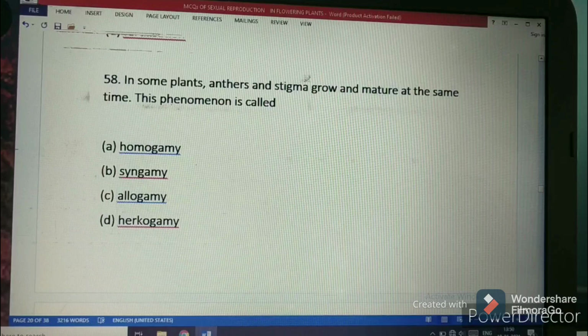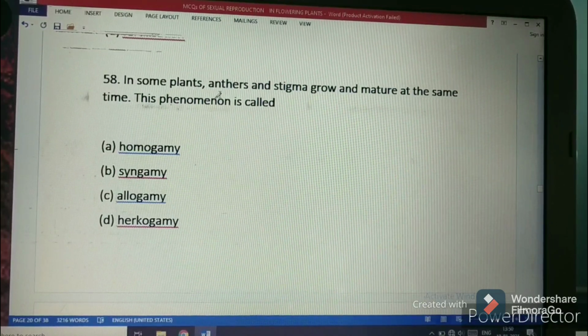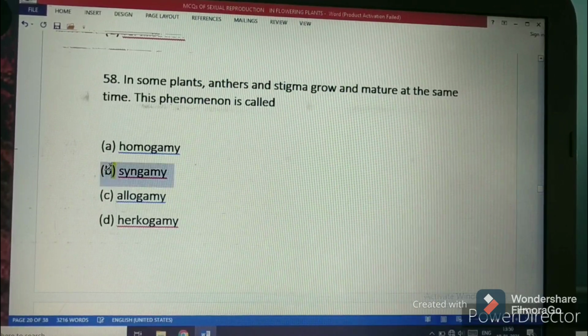In some plants, anther and stigma grow and mature at the same time, and this phenomenon is known as homogamy.